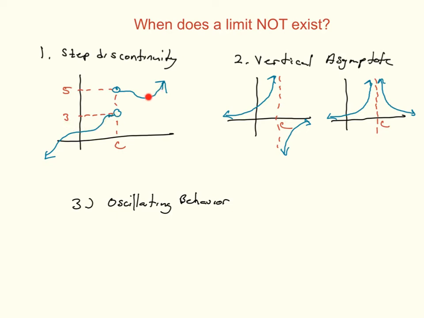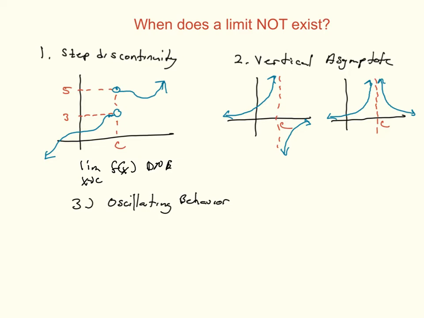As I move closer and closer to c from the right, my function values are getting closer and closer to 5. So remember, since it's supposed to be the one number, and I am not moving closer and closer to one number but actually 2 numbers, I would say that the limit here, as x approaches c of f of x, does not exist.